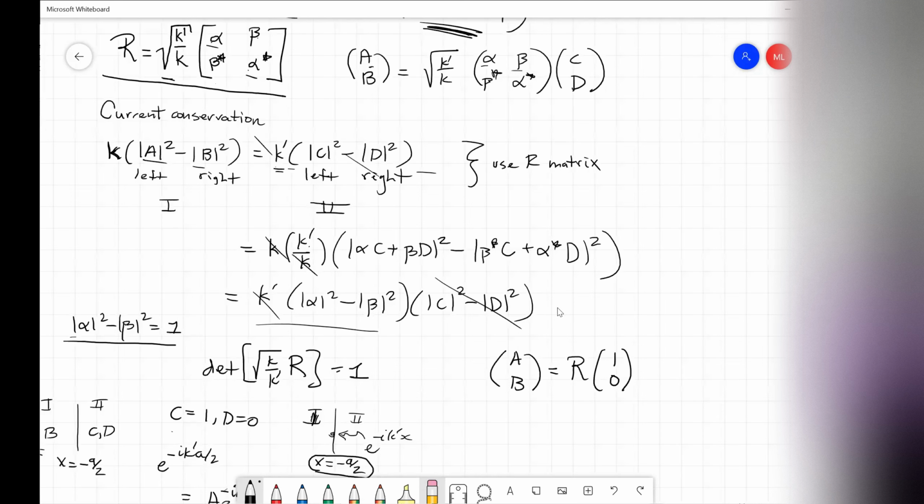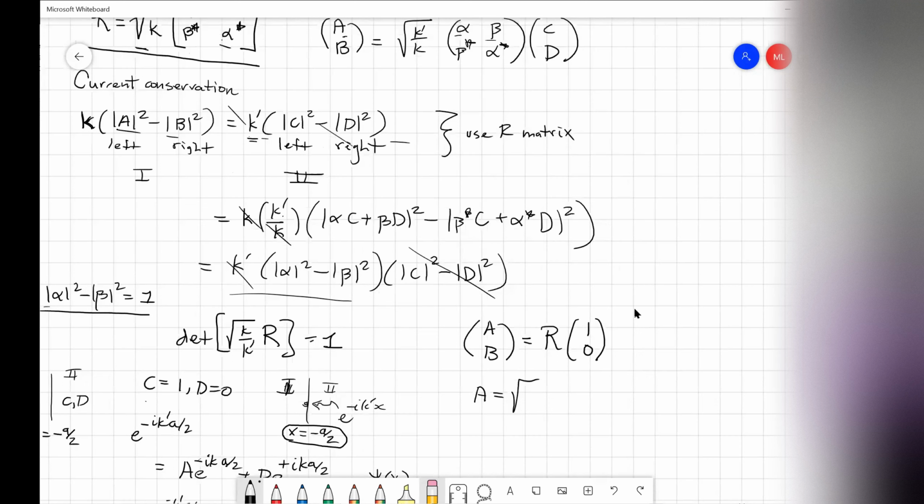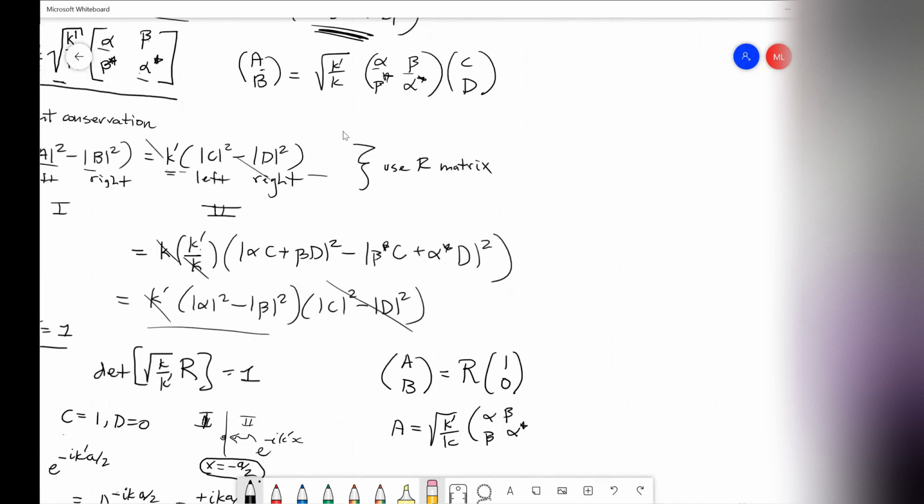And if we set C equal to 1 and D equal to 0, which is what we're doing with this matching, then we conclude that A is equal to, well, let's write out what it is. It's square root of k prime over k, alpha star, beta star here, and we just write it again, 1 0.